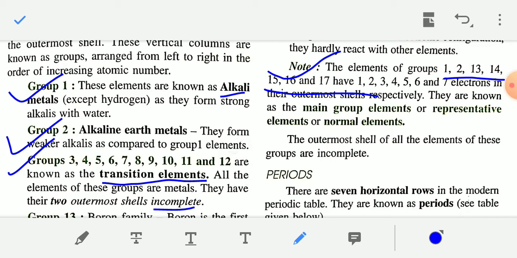The elements of these groups are known as representative elements or normal elements or ideal elements. These elements are known as main group elements or representative elements.